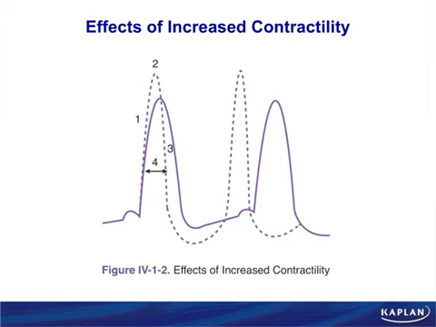This is the rate of pressurization. Notice that with a beta agonist, it pressurizes faster. 2 is peak systolic pressure. Notice that peak systolic pressure goes up. 3 is rate of relaxation. Notice that the heart relaxes faster.